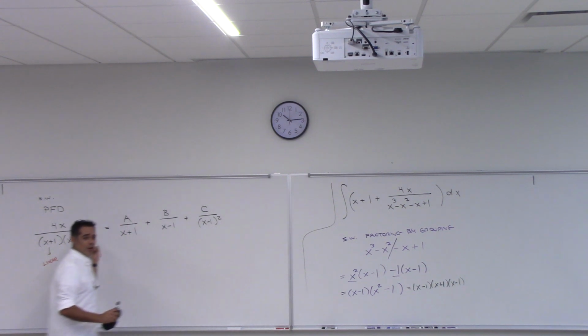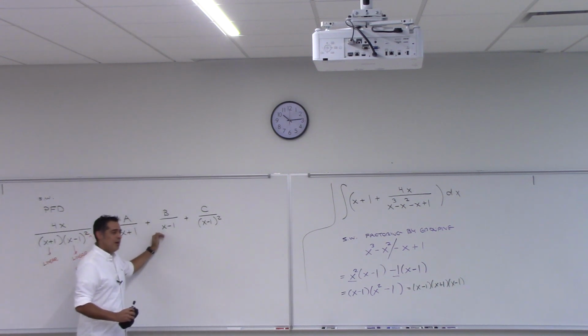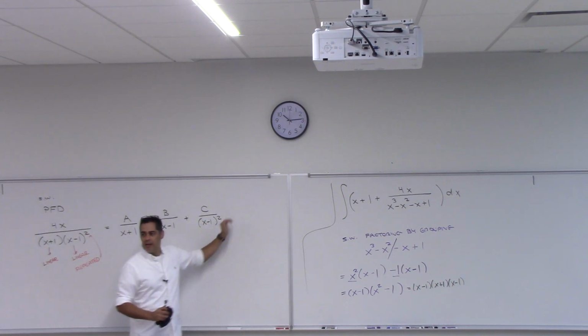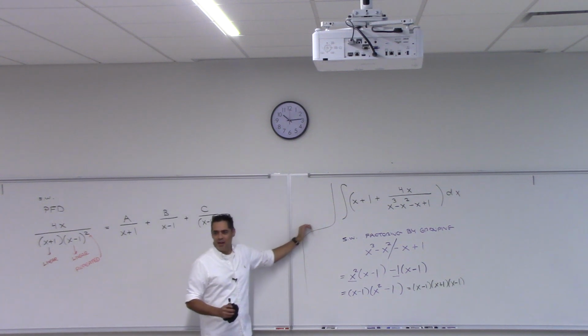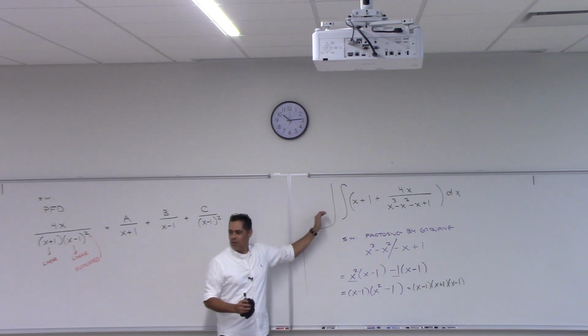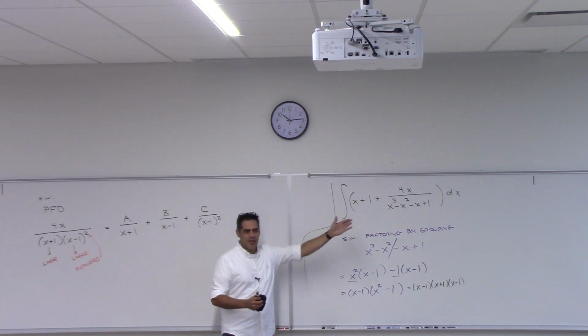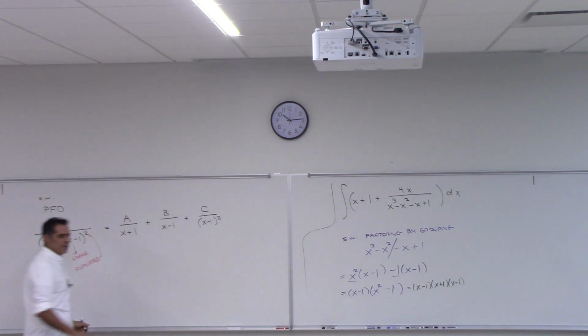If it were a 4, I would have b over x minus 1, c over x minus 1 squared, d over x minus 1 cubed, e over x minus 1 to the 4th. As far as you need to go. But fortunately for us, it's just squared. That's all in the notes, but I think verbally it's easier to explain. Any questions on that?